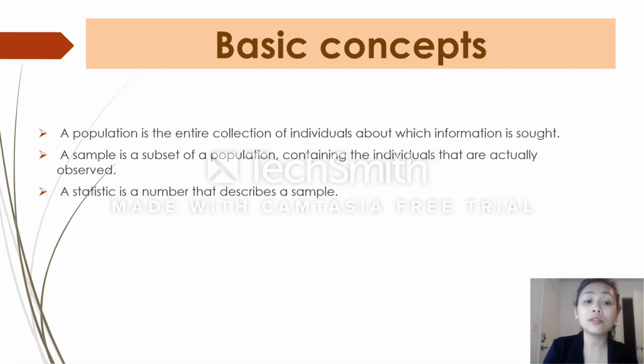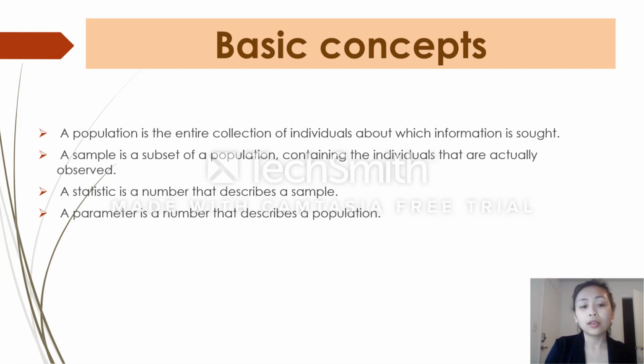A statistic is a number that describes a sample, and a parameter is a number that describes a population. And one more thing, when you collect the data, the process of collecting the data is called sampling.